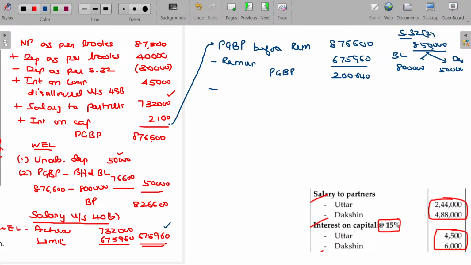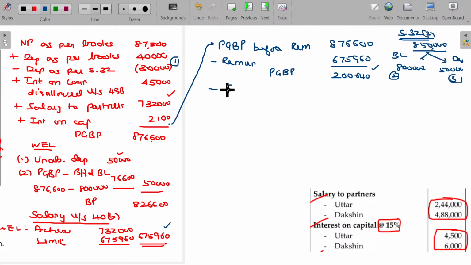Am I right? In section 32 clause 2, how can we adjust the brought forward business losses and unabsorbed depreciation? First, you have to adjust the current year depreciation, which was already adjusted. Second, adjust the business loss. Third, adjust the depreciation. In this year, we have this much profit. This 8 lakhs can be adjusted here.